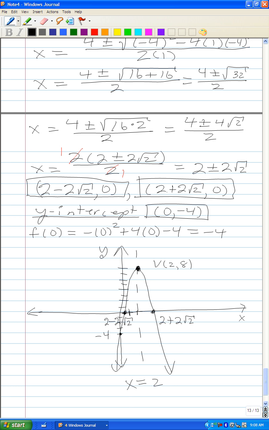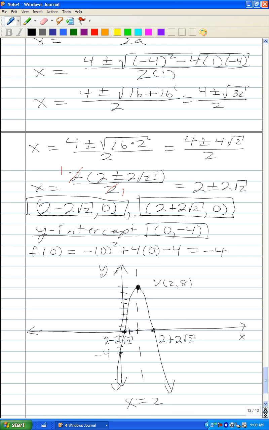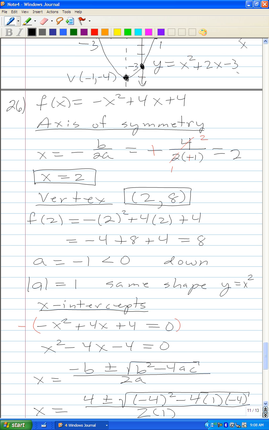One second. There's something a little weird here. Okay, that looks good. X-intercepts.